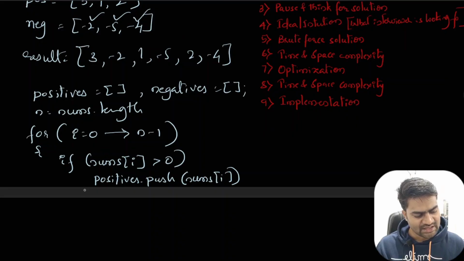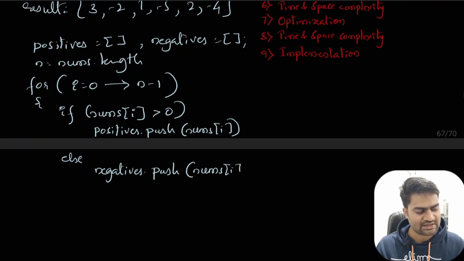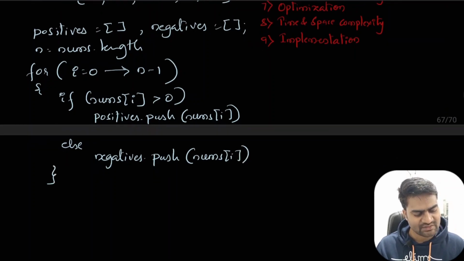Else, if that is not the case, it is a negative number, so I will simply say negatives.push of nums of i. Correct, right? So after this we will have segregated our positives and negatives.